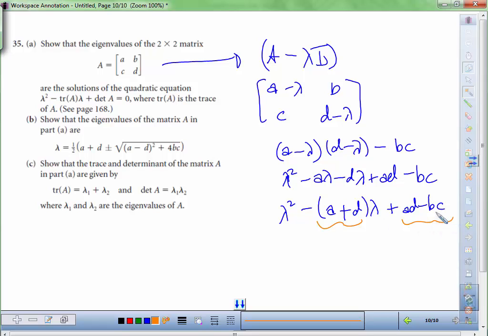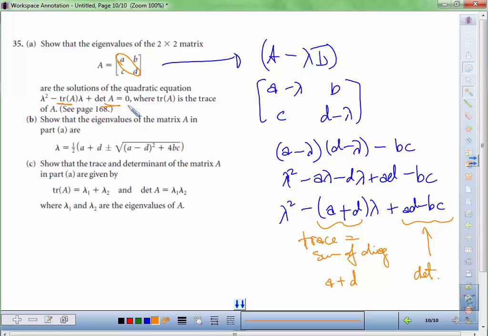So these two quantities are actually part of this matrix. Have we talked about the trace in this class? Yeah. So trace equals sum of diagonals. Really easy. So in this case, it's A plus D. That's the trace of A. And then this should look familiar. This is the determinant of A. And so the equation is lambda squared minus the trace of A times lambda plus the determinant, and that's equal to 0.